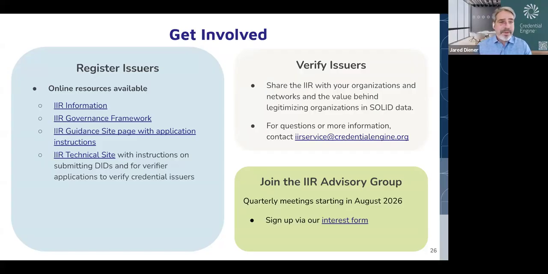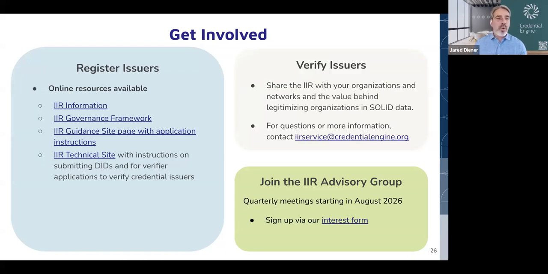Deb, before we wrap, can we just put in a little plug for what's on the bottom right of the slide here, which is our IIR advisory group. Devin added a link to the chat. This is a group where we're asking for participants who are interested, involved, or want to know more about issuer identity registries to help provide support and feedback as we move along.